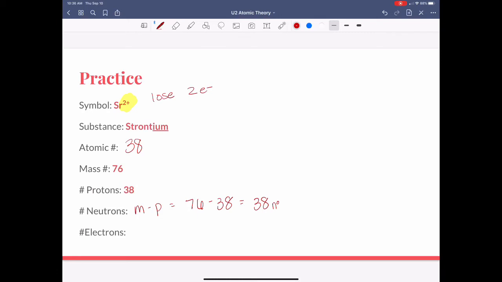All right, so when I originally had 38 electrons, when it was neutral, I've now lost 2 of them. All right, so I only have 36 electrons. So if I look at it and I have 38 positives and 36 negatives, what do I have more of? I have more protons, so that's what made it positive by 2.